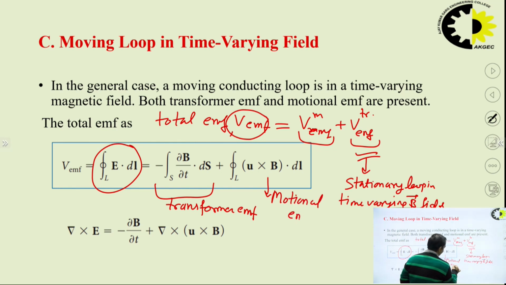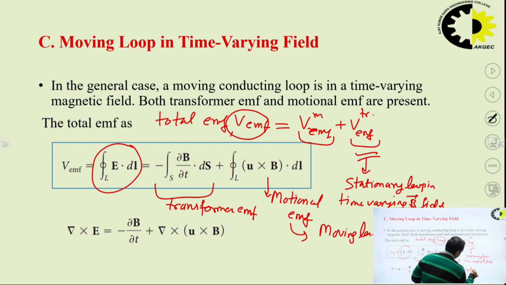Motional EMF, and the case for this one is when we have the moving loop in static B field. Okay. So this was your transformer EMF, and this is your motional EMF.